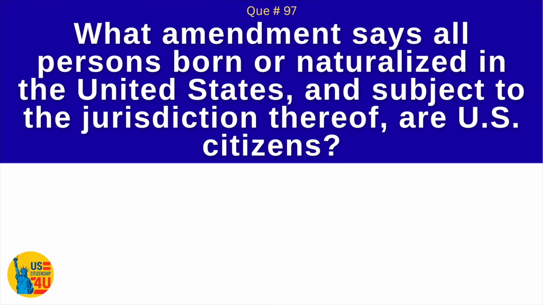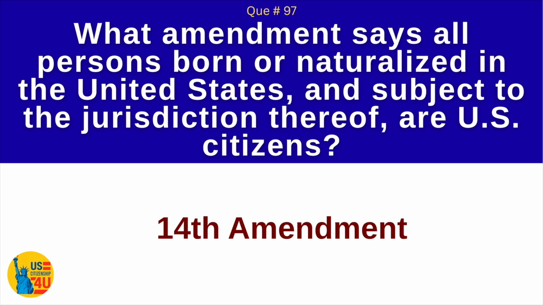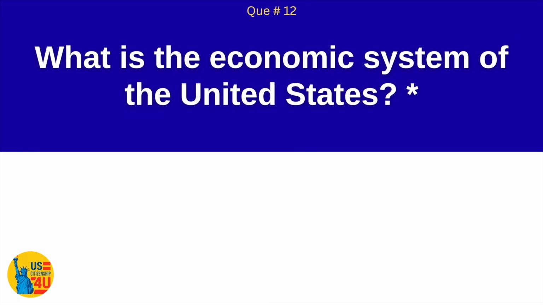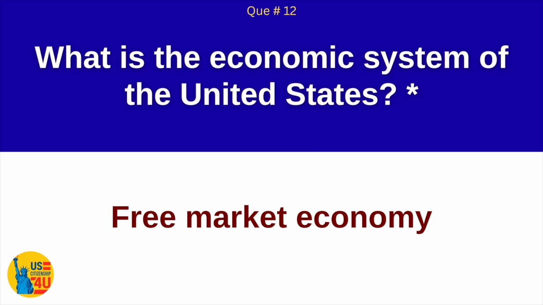What amendment says, all persons born or naturalized in the United States, and subject to the jurisdiction thereof, are U.S. citizens? Fourteenth Amendment. What is the economic system of the United States? Free market economy.